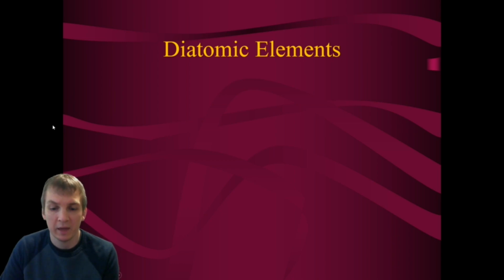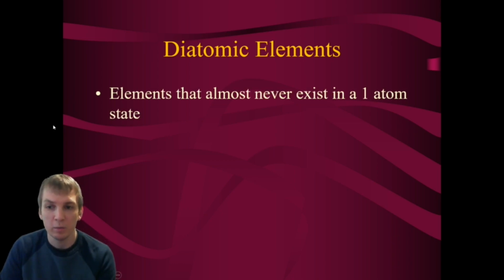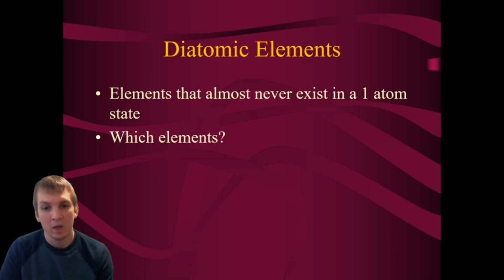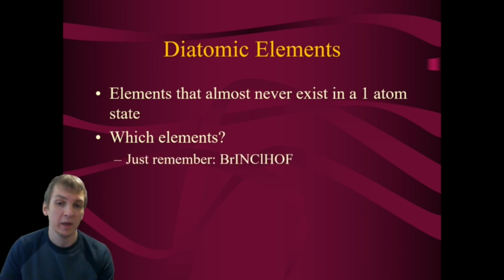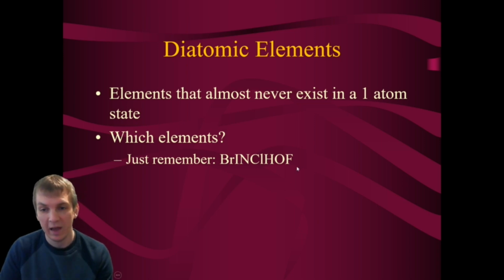Okay, so diatomic elements, just as a review, are elements that almost never exist in a one atom state. And what elements are there? Fortunately, there's not too many of them, and there's only 7 diatomic elements. And how to remember them, this is the way I was taught when I took chemistry in high school. It's Brinkelhoff. That's the acronym that we're going to come up with. And some of these letters are capitalized and some of them are not.